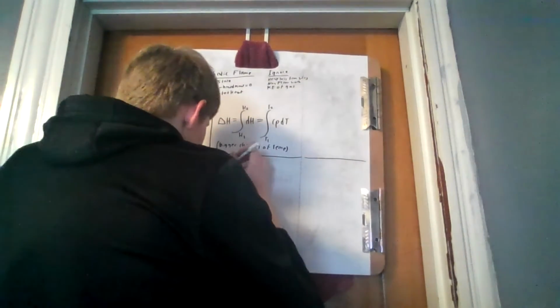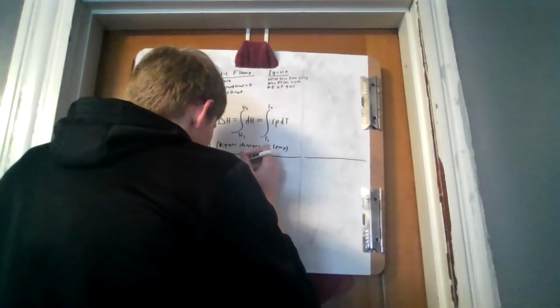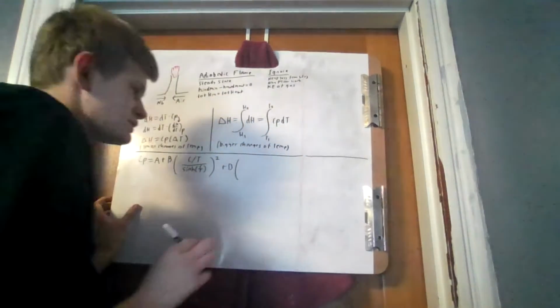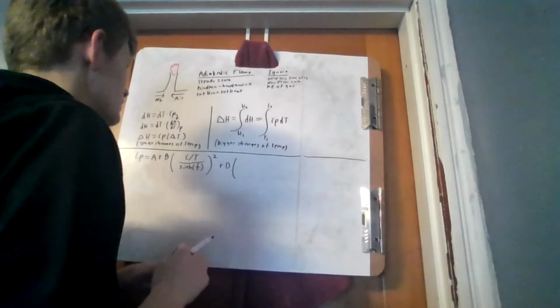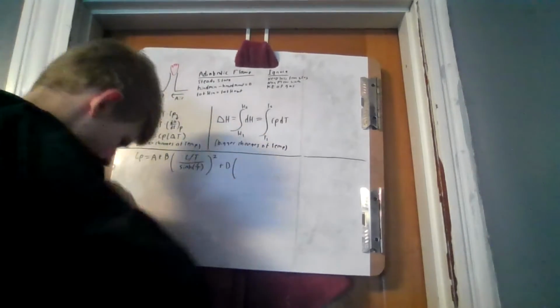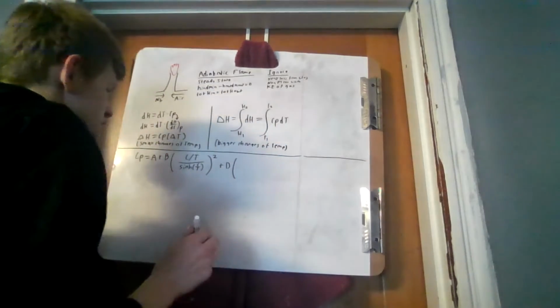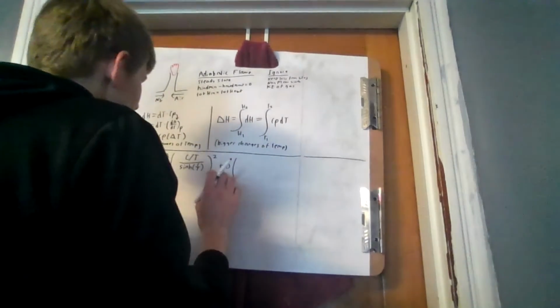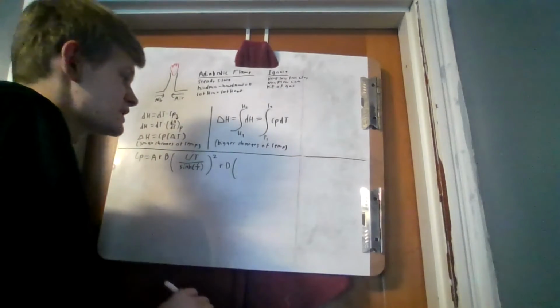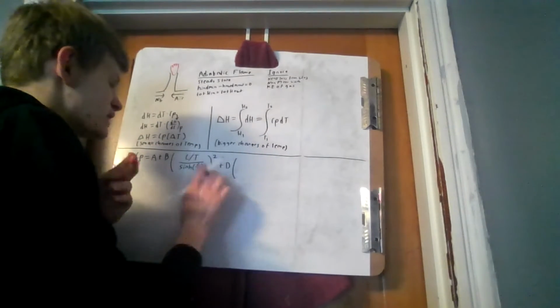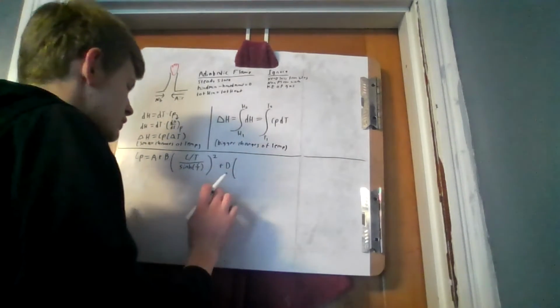And then our next thing is the second part of our heat capacity equation. We have a D parameter, similar to our B parameter, getting multiplied to this squared expression.